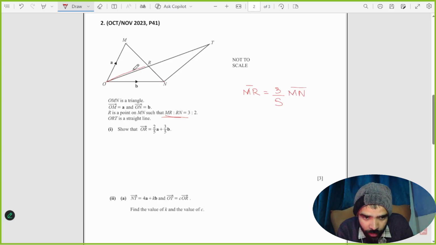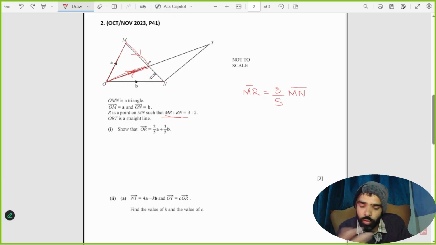If you want to find OR, from O to R, you go from O to M first and then M to R, it makes a triangle. Or you can consider this path, from O to N first and then N to R. I have chosen the MR one.